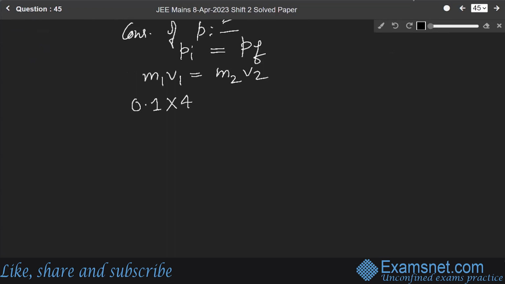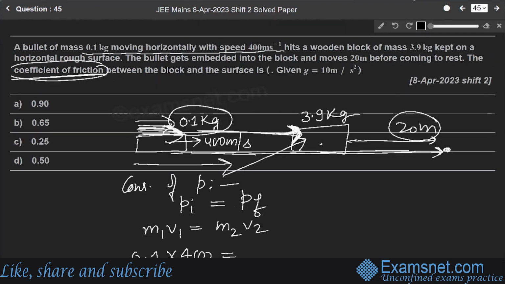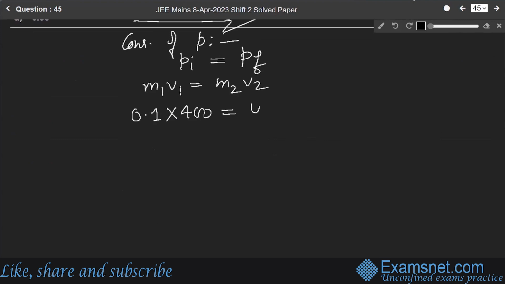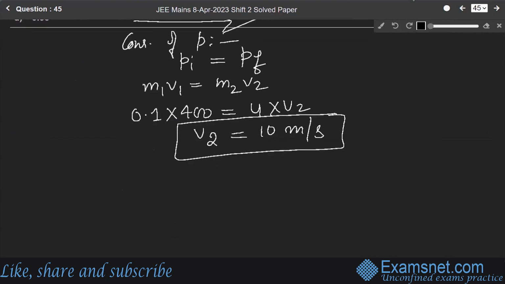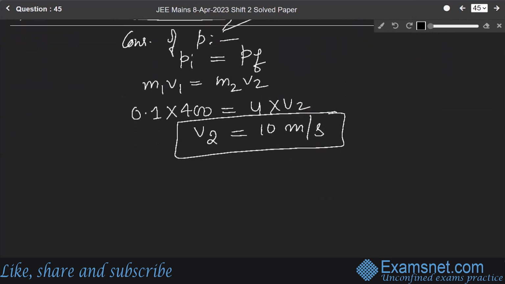It is moving with velocity 400, and after that its mass becomes 3.9 plus 0.1 kg, which means 4, into V2. So V2 is equal to 10 meter per second. Means when this bullet gets embedded in the block, after this impact the block is moving with a speed of 10 meter per second.